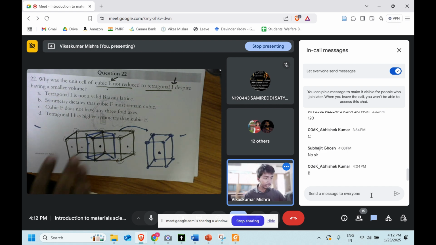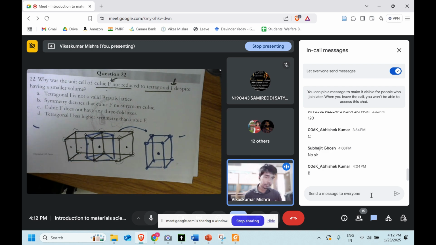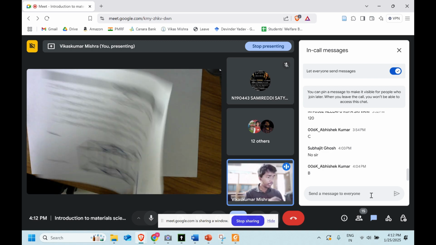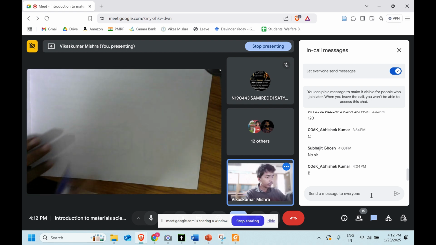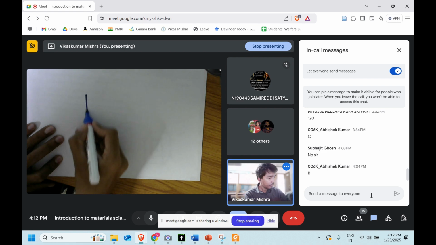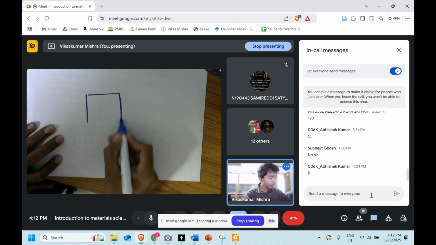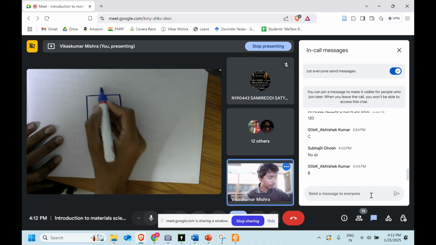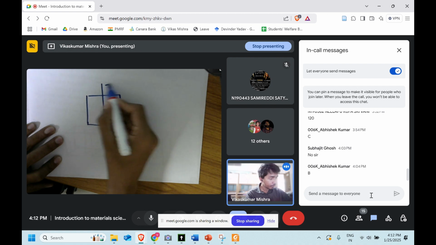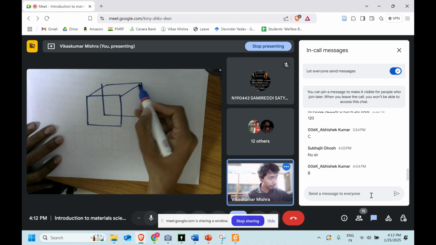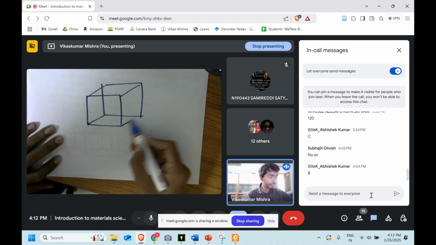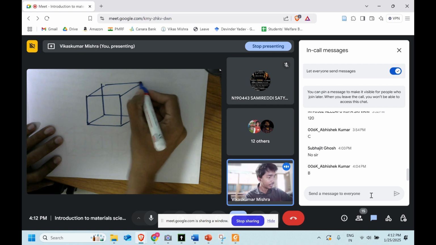Now let's find what symmetry is telling about this particular face centered cube. Let's draw the cube. My cube is a little distorted, but okay, we can consider.